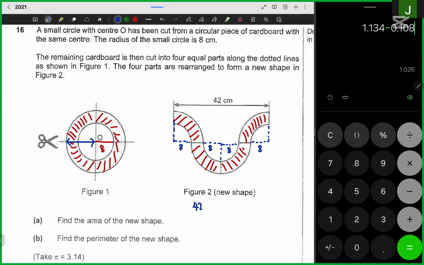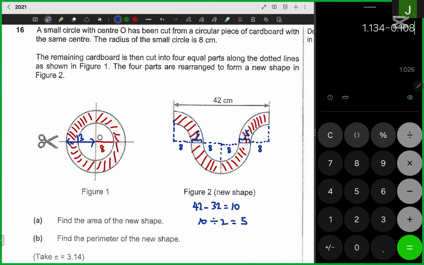So 42 minus 32 equals 10. 10 divided by 2 equals 5. So that means here is 5, so the radius over here is 13.